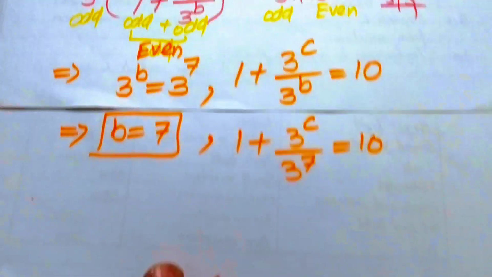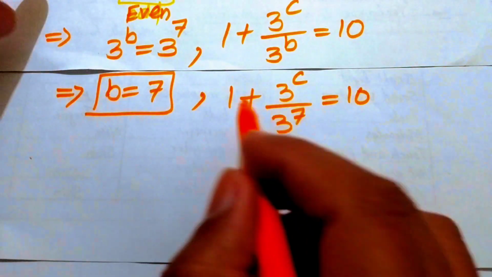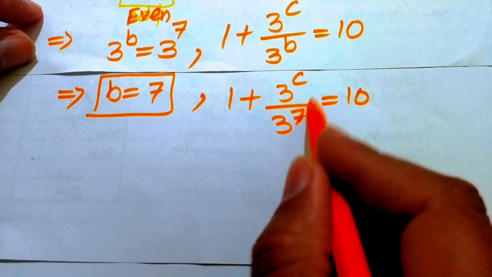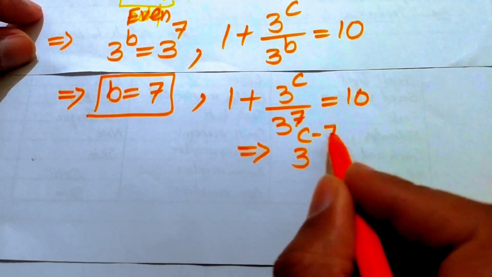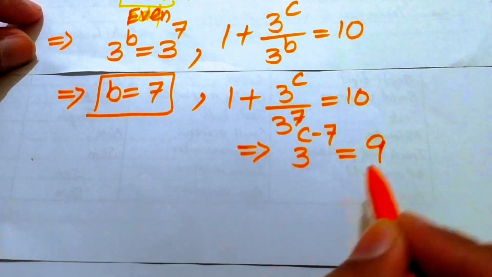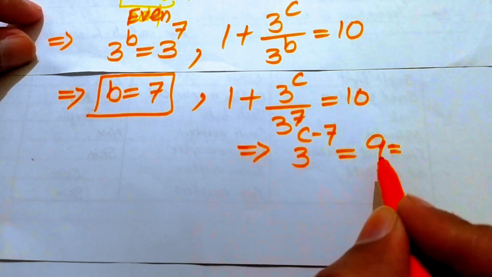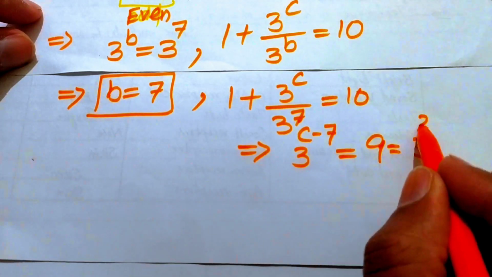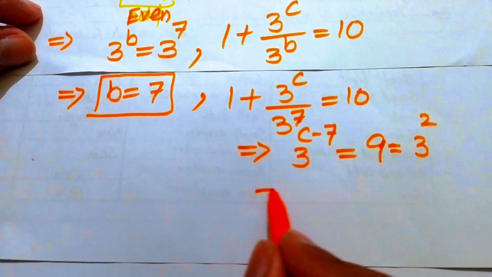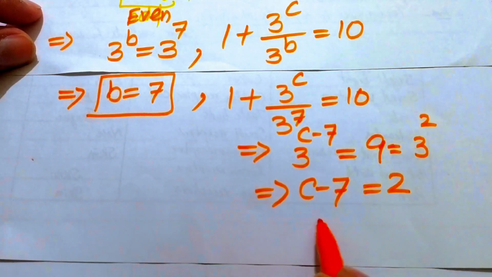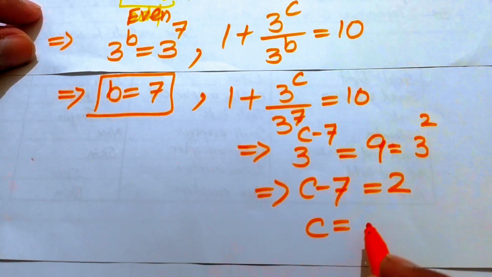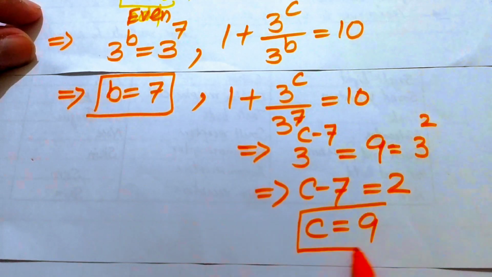And now here we move this 1 to the right hand side and we move the 7 to the upper side. Then you get here 3 to the power of c minus 7 equals 9, and we write this 9 as 3 square. So here you compare both of the sides, then you get c minus 7 equals 2, and we finally got the value of c equals 9.